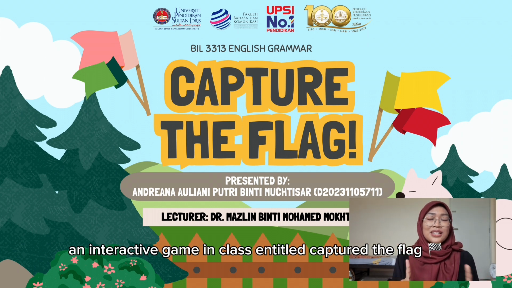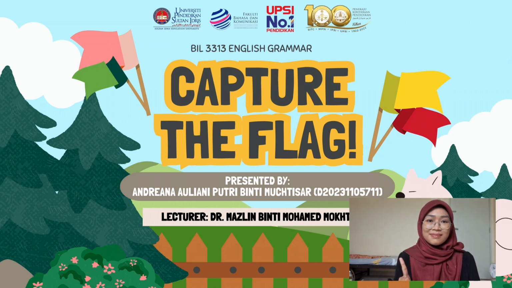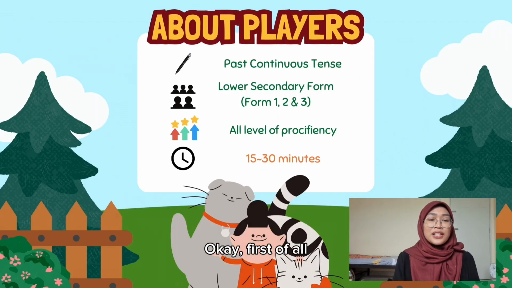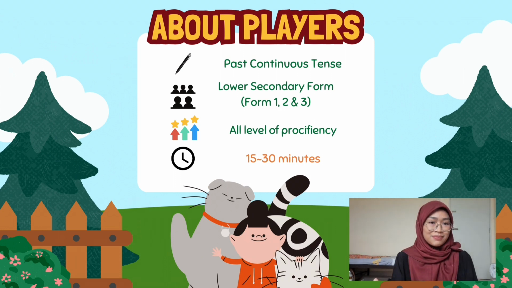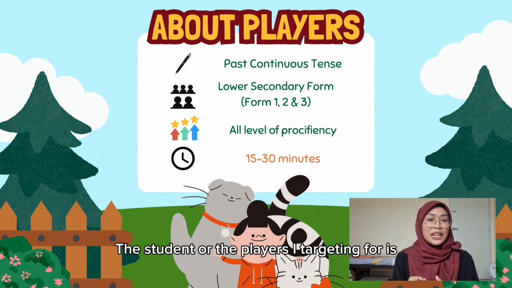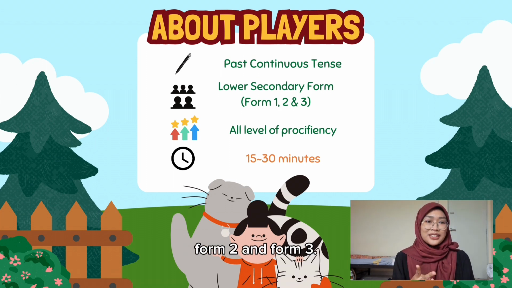Today I am going to present an interactive game in class entitled Capture the Flag. But before that, let me tell you about the details. First of all, this game focuses on past continuous tense. The players I am targeting are lower secondary students, Form 1, Form 2, and Form 3.